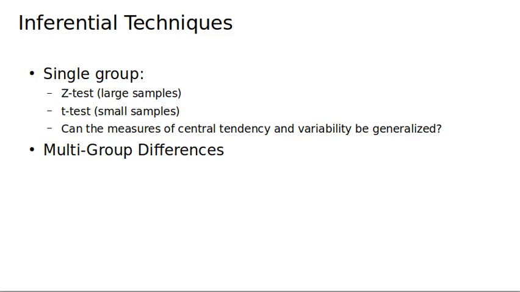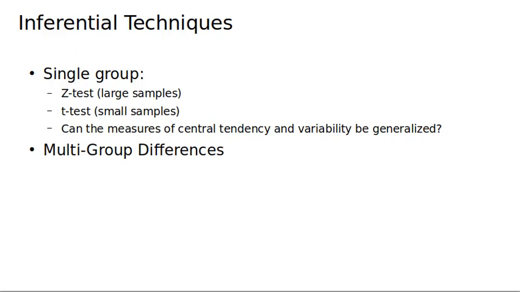The inferential techniques we learned were using the z-test to make inferences about single groups if they are in large samples, which is defined as over 30 in statistical criteria. T-test for smaller samples, where we use the degrees of freedom to adjust the distribution to the size of the sample.